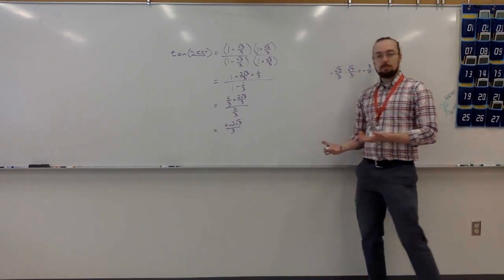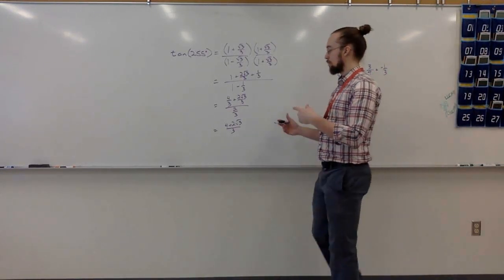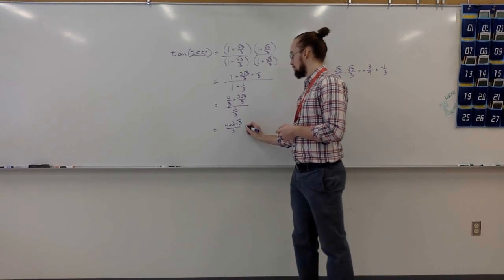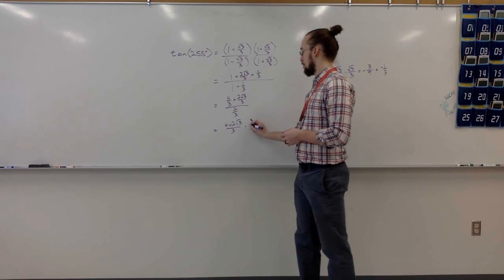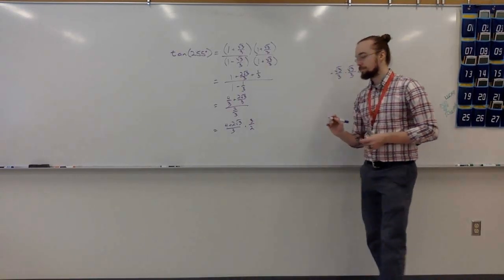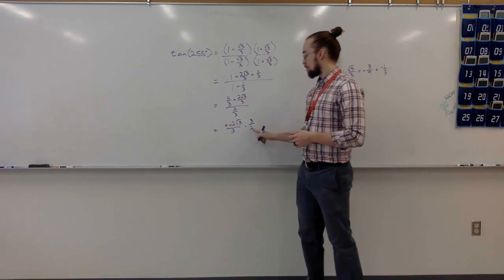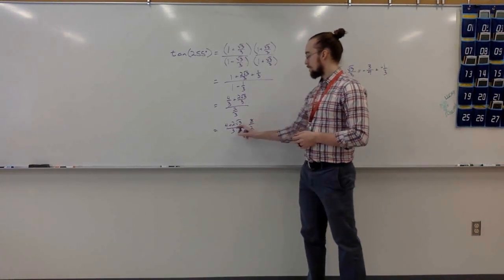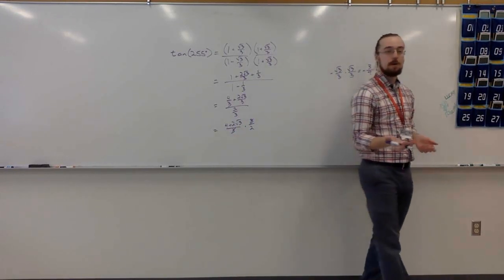Now, if I'm dividing by a fraction, that's the same as multiplying by the reciprocal, right? So instead of writing this as divided by 2/3, I can write this as times 3 over 2. Now, by multiplying fractions, I can cancel out these factors, the 3 in the numerator and the 3 in the denominator.